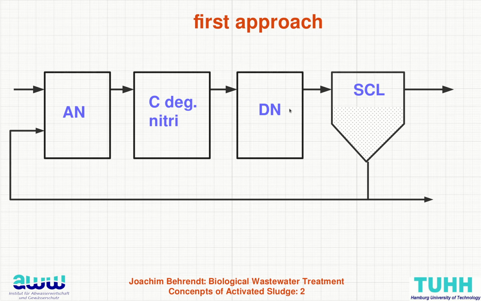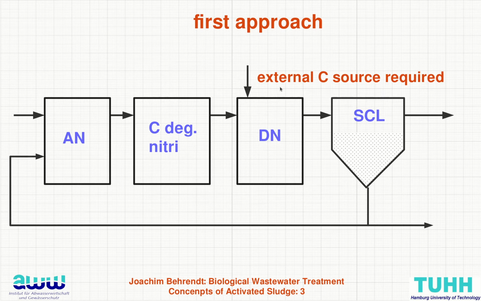We can make so-called endogenous denitrification, but this is very, very slow. Therefore the normal way is that we need to inject an external C source like methanol, and this would improve the process, but normally this is not really wanted, because we have to pay for it.